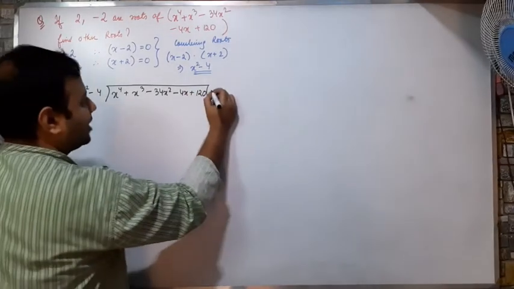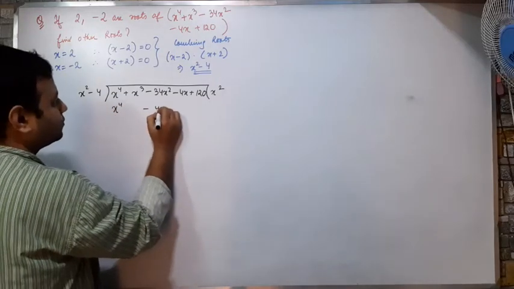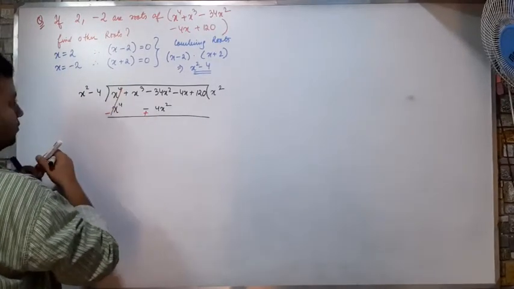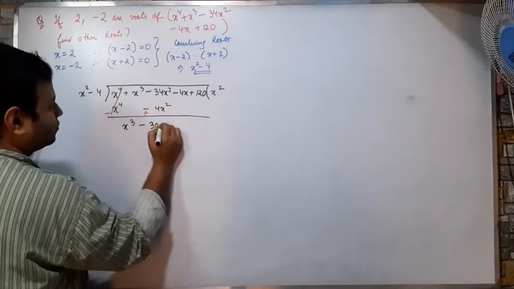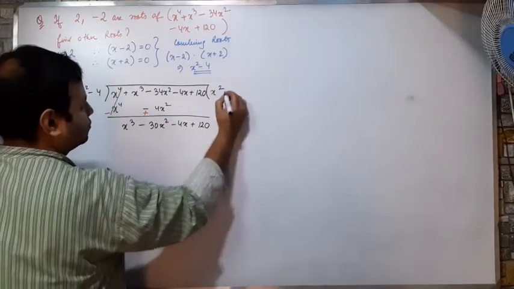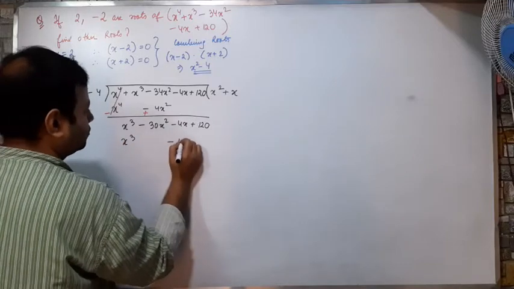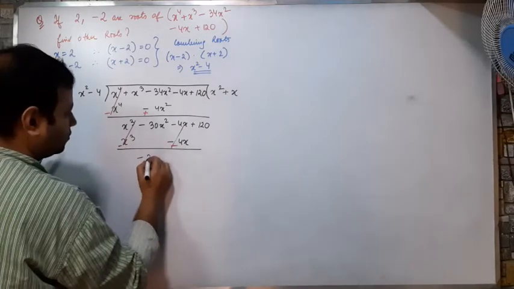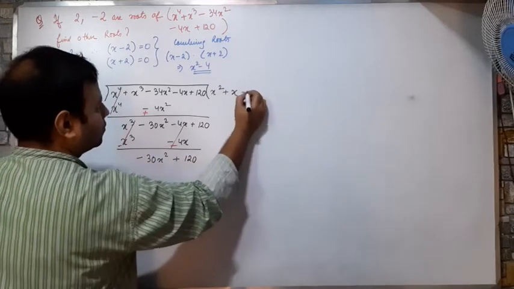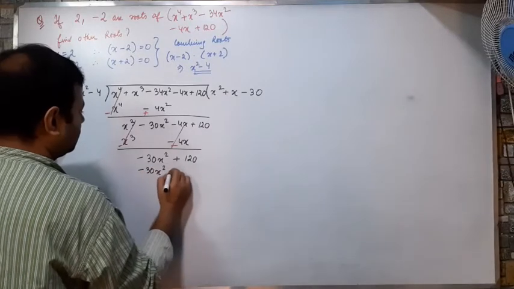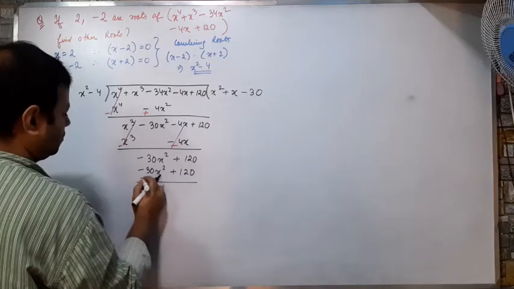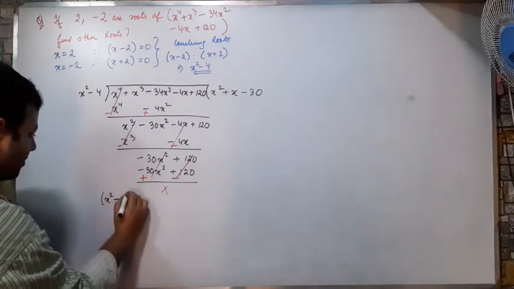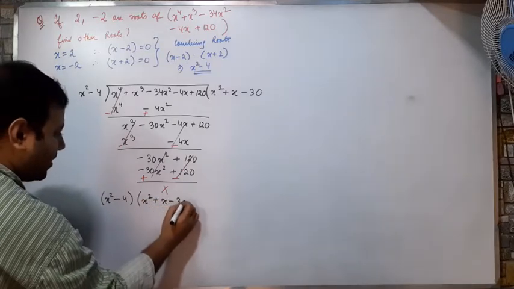Okay, now start dividing. So totally solved. So I am getting x² - 4 and x² plus x minus 30.